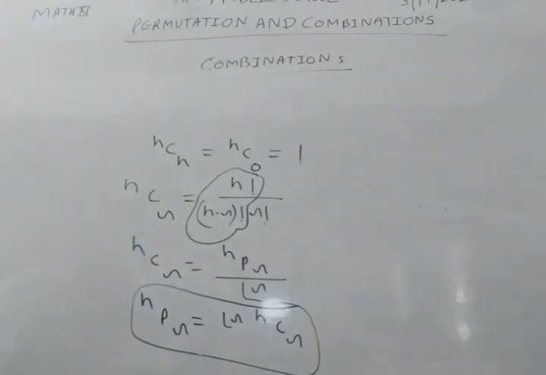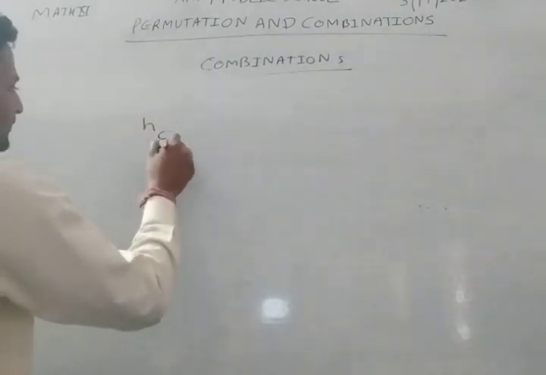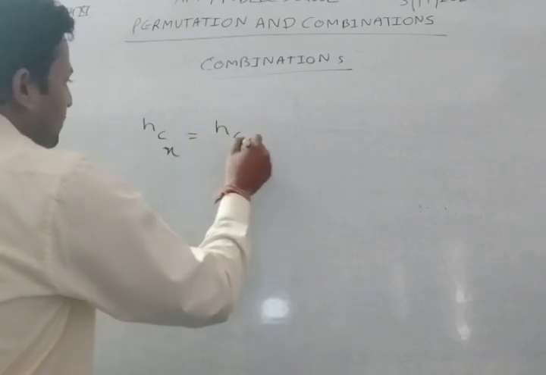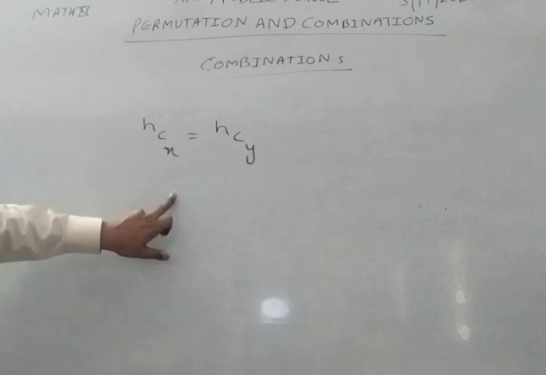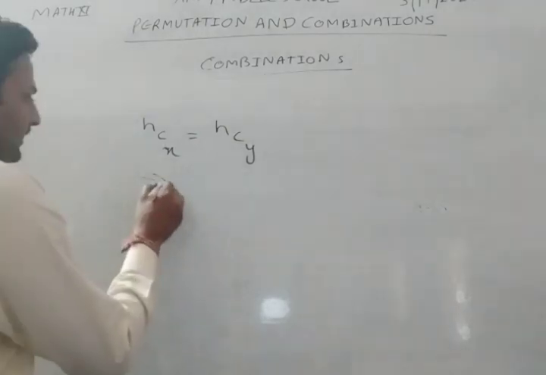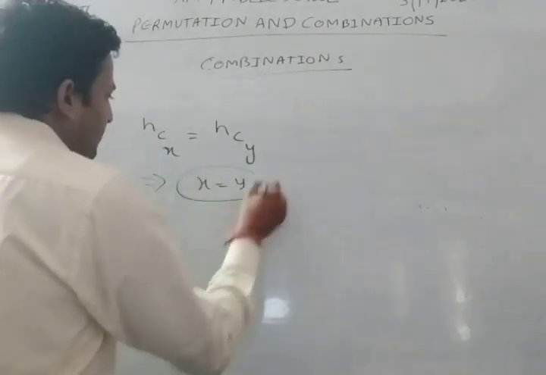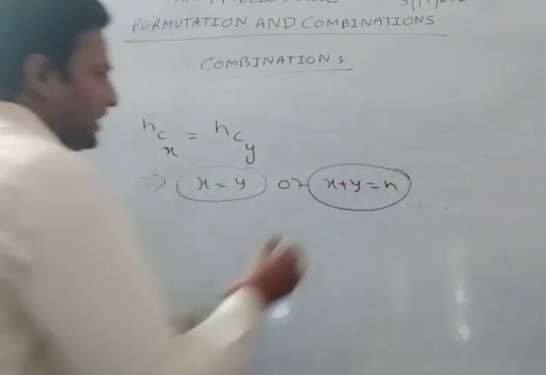Now we will see some other properties. If nCx is equal to nCy, then this implies x is equal to y, or x plus y is equal to n.